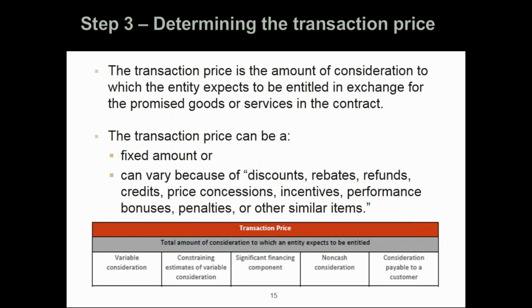In that case, the equipment really isn't $500,000 because part of the total consideration is allocated to the fact that we've provided financing and we're earning some interest on that financing. So that's where financing components can enter in.